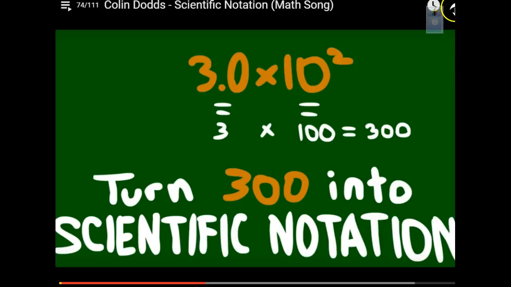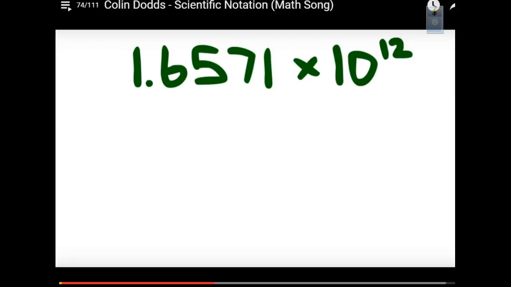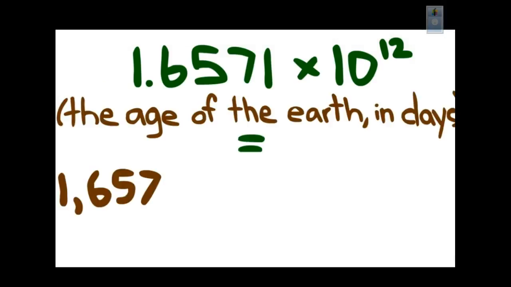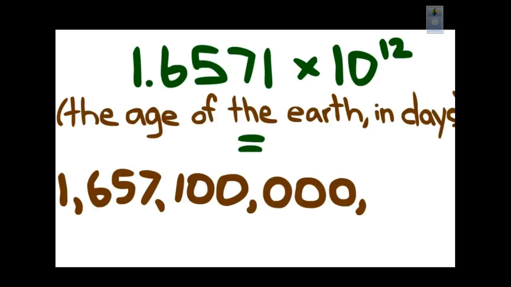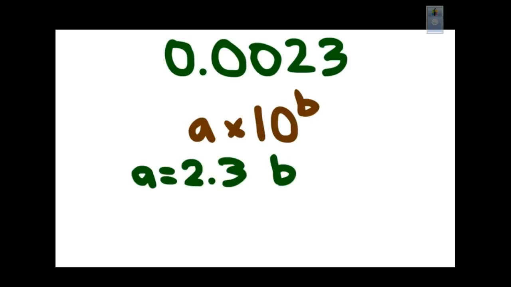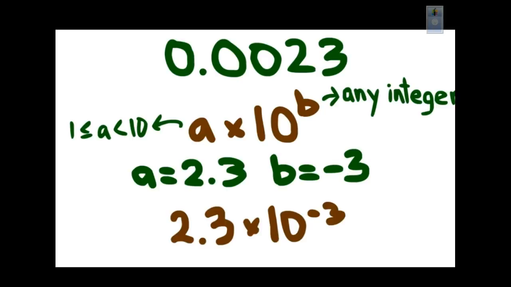As you prove, scientific notation uses exponents, but with the base of 10, so you don't have to write out so many zeros again and again. Take a number like 0.0023, plug it in a times 10 raised to the power of b, where a equals 2.3 and b is negative 3. You get 2.3 times 10 raised to the power of negative 3.